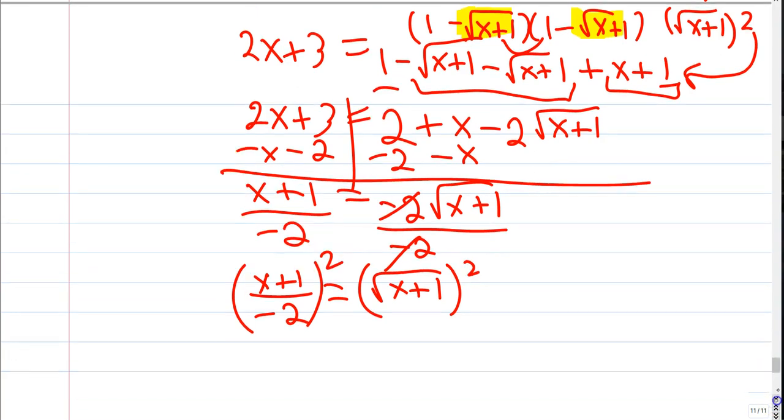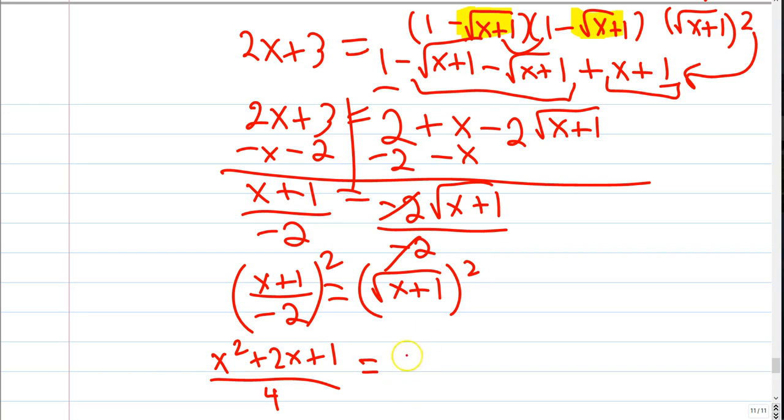On the top, x plus 1 squared is x squared plus 2x plus 1. On the bottom, negative 2 times negative 2 is positive 4, equals, those cancel, leaving us with just x plus 1. And now I'm going to multiply that 4 back up.